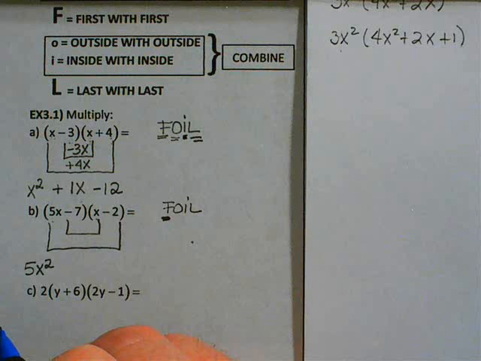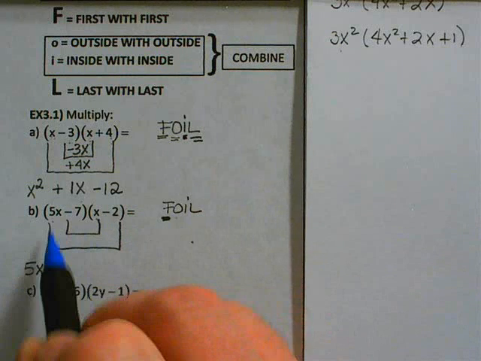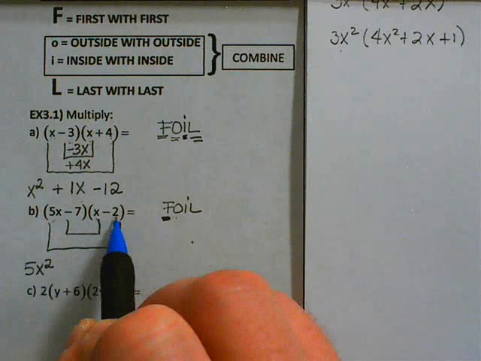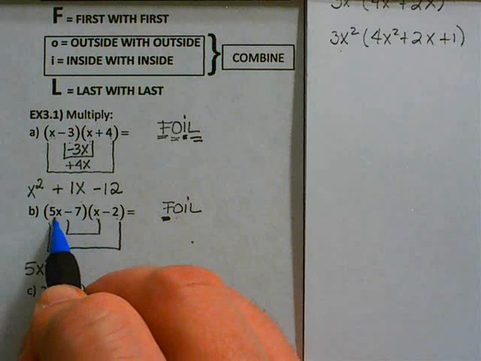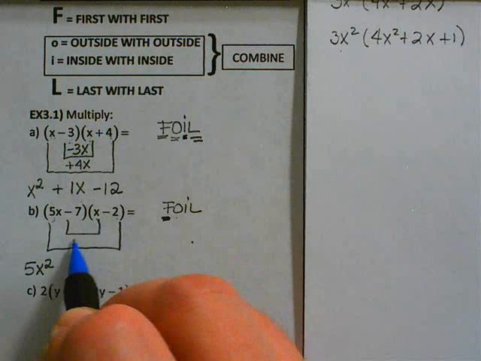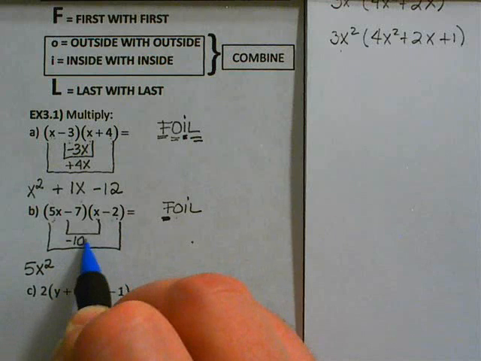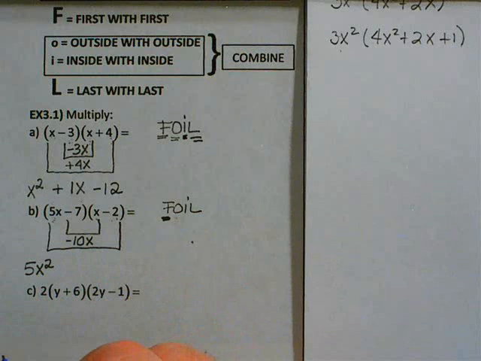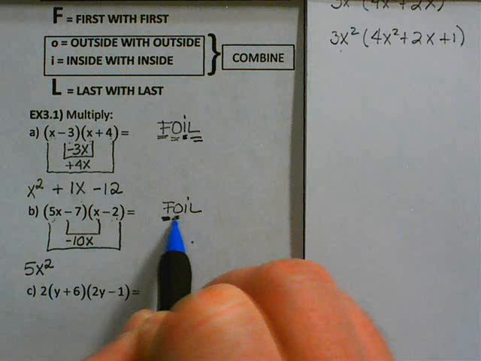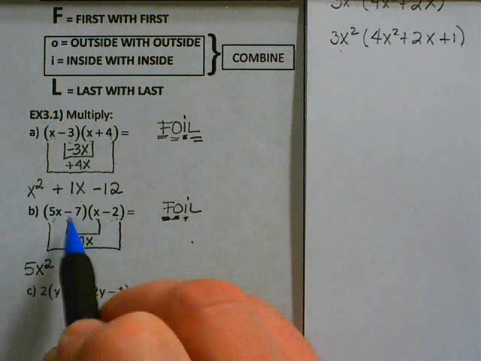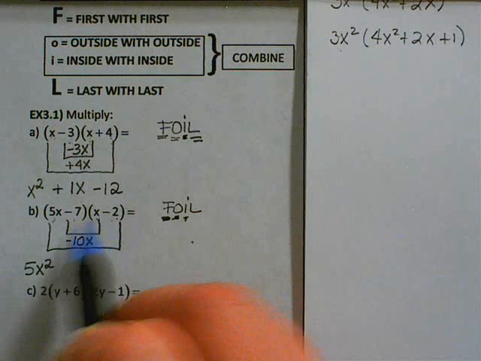Then we're going to do the O, the outside times the outside. So 5x times negative 2 is negative 10x. Then we're going to do the inside numbers. Negative 7 times x is negative 7x.